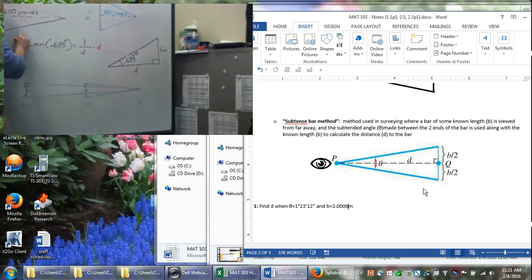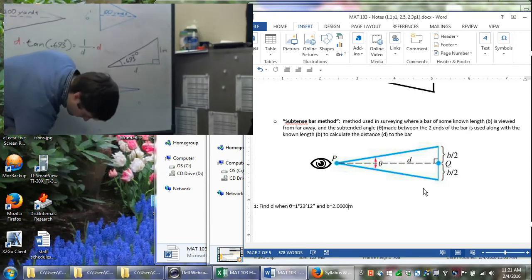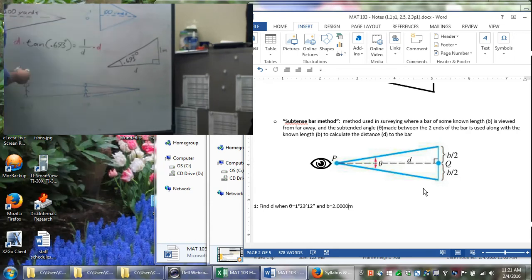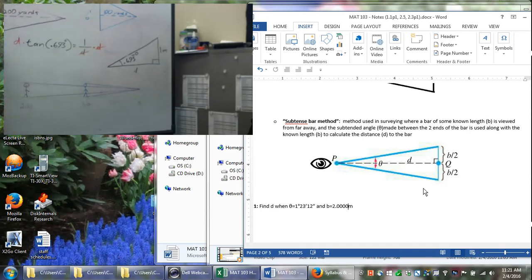So I'll say 0.693 repeating. Okay, so now we've got our bar length, this side of our triangle, and we've got our angle. Once again, I'll erase the rest of my original triangle there.